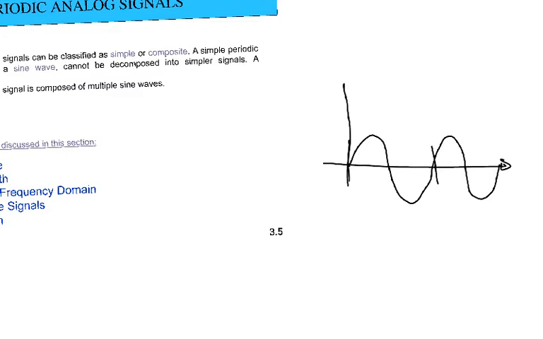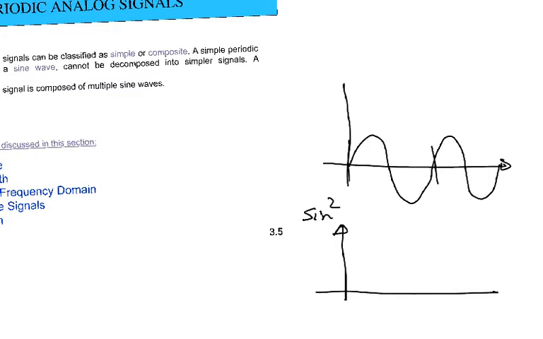Why do we call it simple? Because this is the simplest periodic analog signal that you can have, that you can generate using any device. So what is the difference between this and a composite periodic signal? A composite periodic signal has a pattern, but it is like, for example, sine squared, sine x squared.